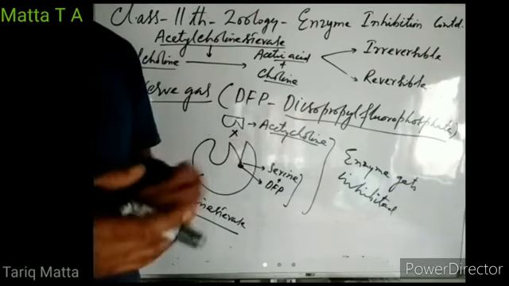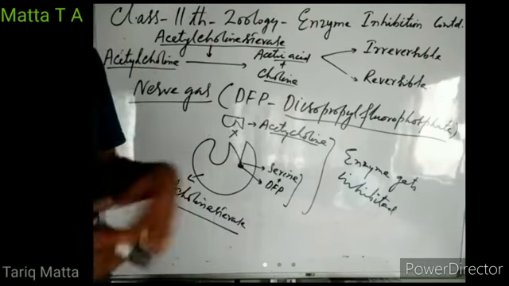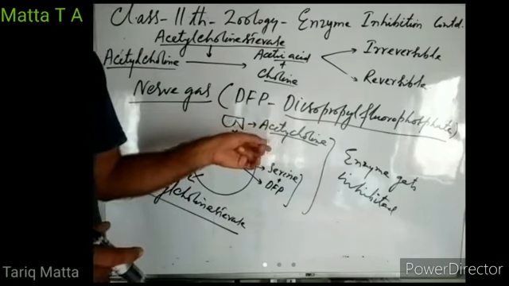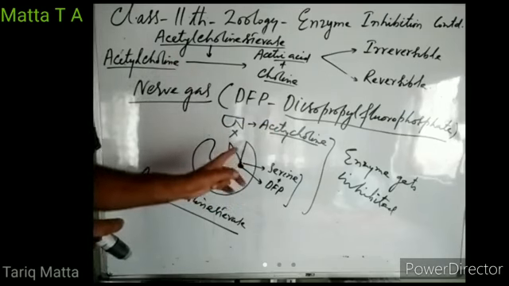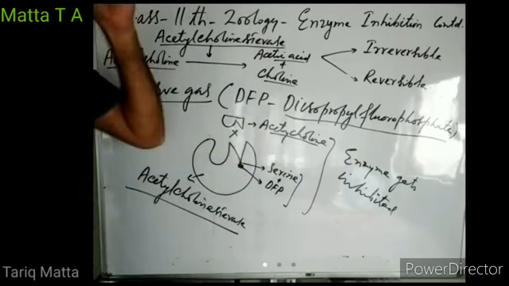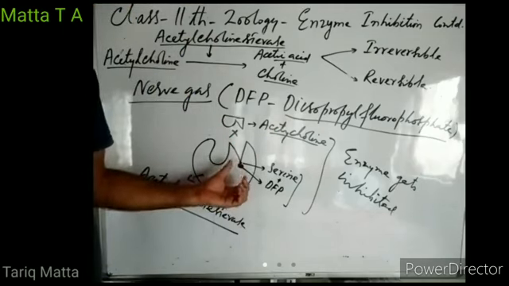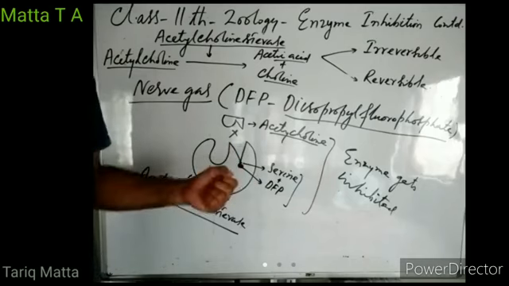So exhalation is not possible, the breathing stops and death occurs, right? So this is how this enzyme inhibition can kill a person. If the acetylcholine esterase enzyme is blocked, if it is inhibited, it can cause the death of the person very immediately, right?